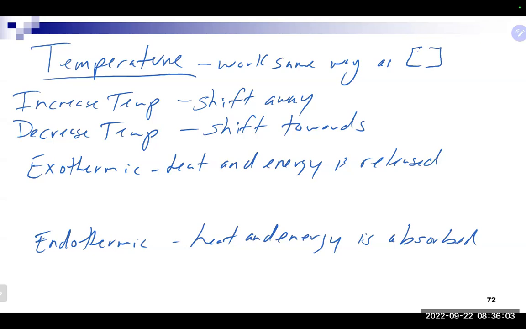So when we have an exothermic reaction such as this, we consider heat to be a reactant or a product, although it's not correct in all aspects. If it's exothermic, should we consider the heat or energy to be a reactant or a product in this case? It should be a product. It's being released or given off. So we oftentimes think of heat as a product in an exothermic reaction.